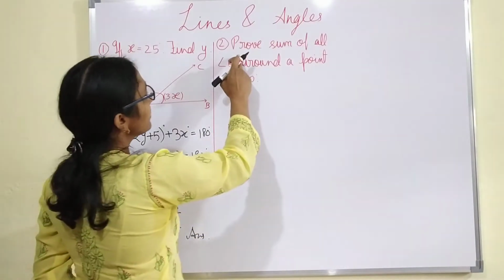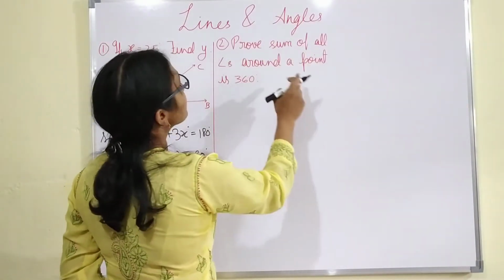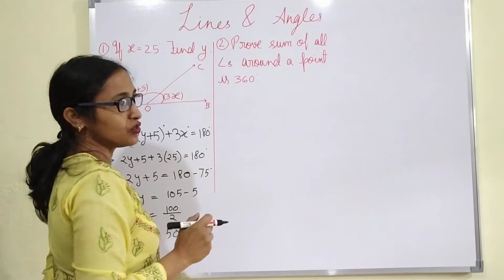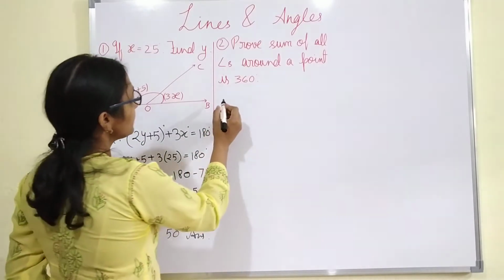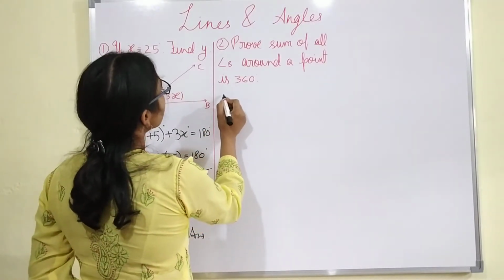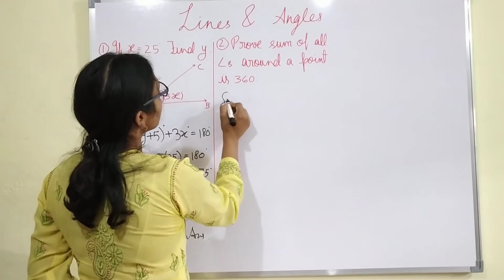The theorem is: prove that the sum of all angles around a point is 360 degrees. So what is given? We start the solution.